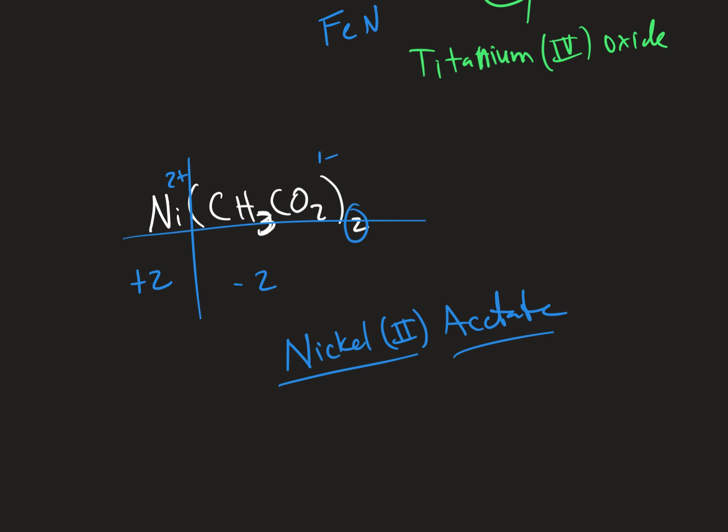Okay? So memorize these. That's going to make your life much, much easier in this class. If you don't memorize it, you're going to struggle the rest of the semester. Good? Get these down. Memorize them.